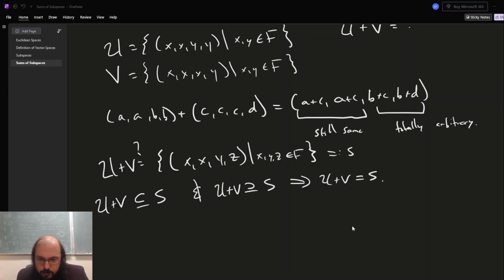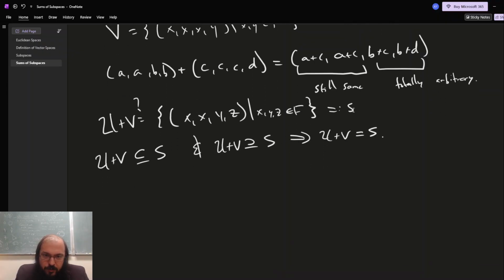That's our plan. So one of these things I've kind of already done, right? I just showed that if I take an element of U plus V and I add them together, I get something where the first two coordinates are equal. And so this proves that U plus V is inside S. Now what I have to do is prove that everything in S can be decomposed into U and V. So in other words, I have to prove S is a subset of U plus V.